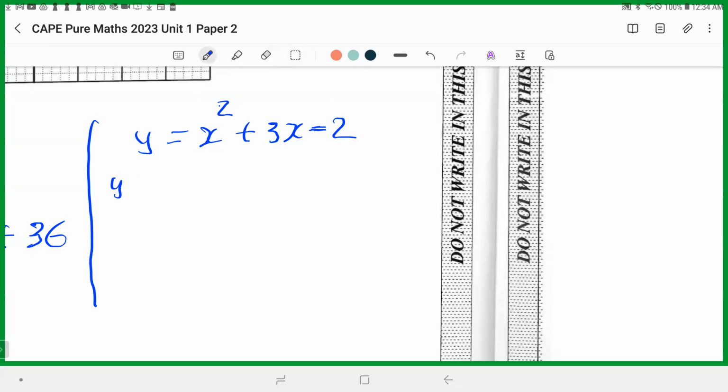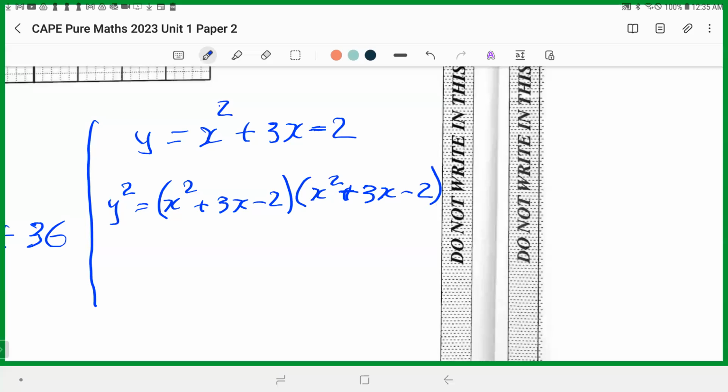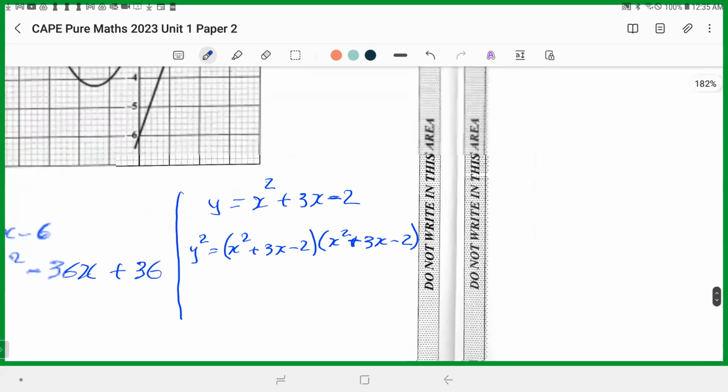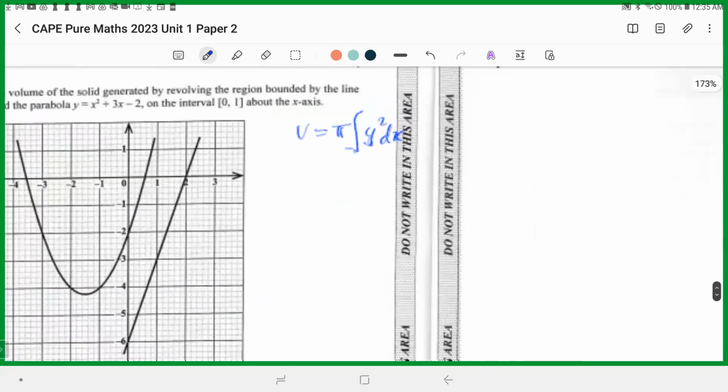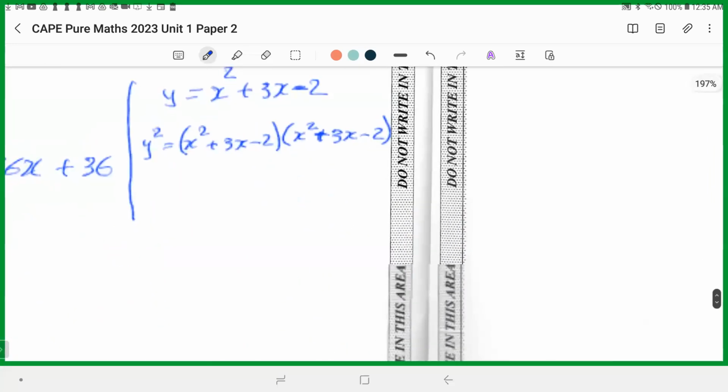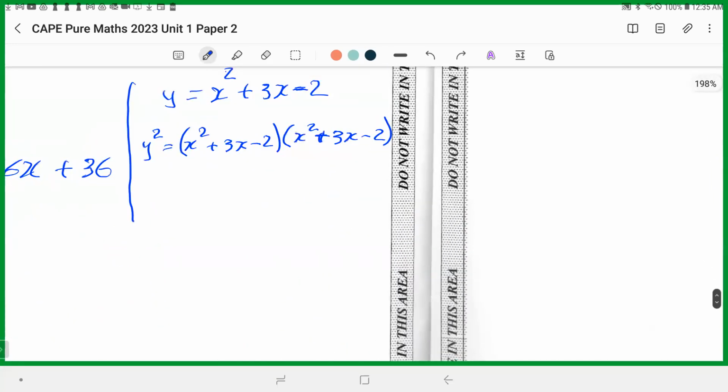We'll square this to get the volume. It's going to be x squared plus 3x minus 2 times x squared plus 3x minus 2. We're going to expand this out into separate terms.